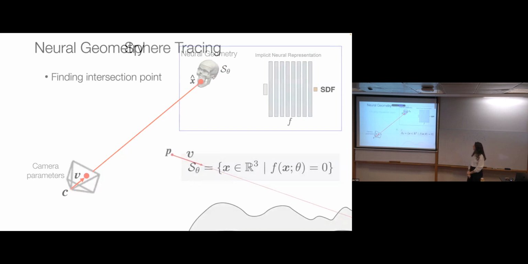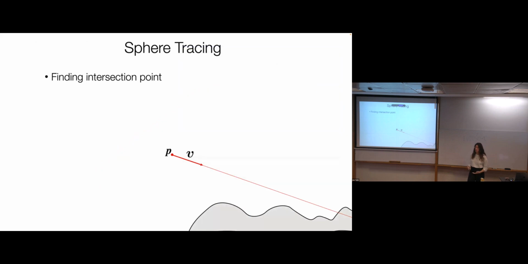For that we use something well known from computer graphics, it's not new, an algorithm called sphere tracing. This is also one of the reasons why we use a signed distance function. Let's go over the illustration here. We start from the point P on the camera, and we want to walk along the ray according to the signed distance function.